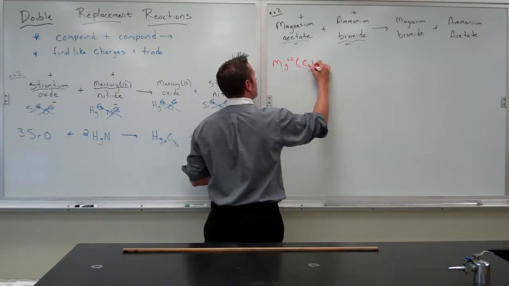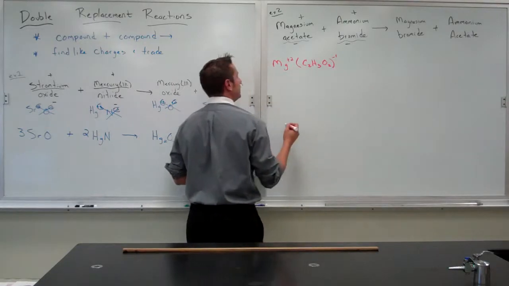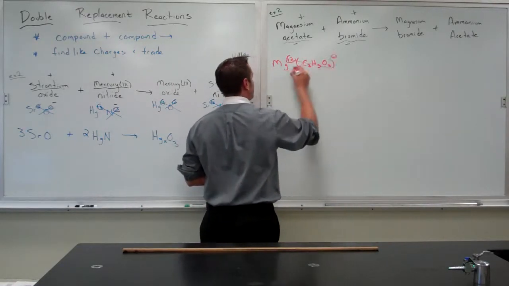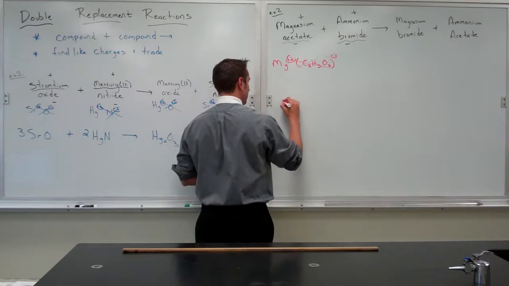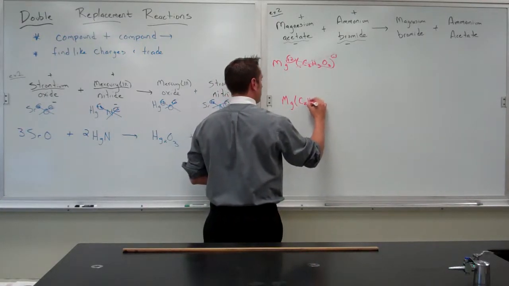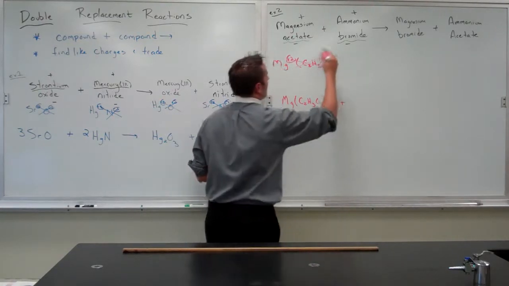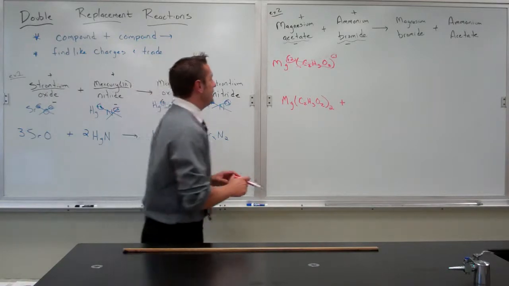Acetate's a polyion, C2H3O2 minus 1. Cross those down. You get Mg(C2H3O2)2. Ammonium bromide.